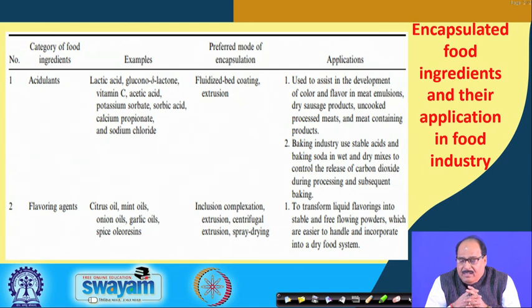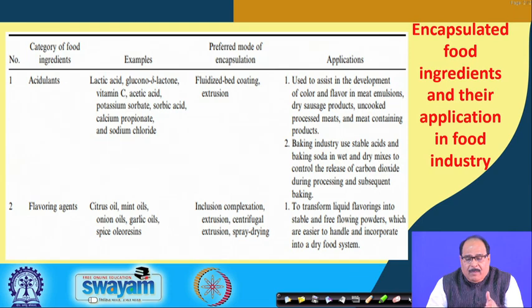The baking industry uses stable acids and baking soda in wet and dry mixes to control the release of carbon dioxide during processing and subsequent baking.